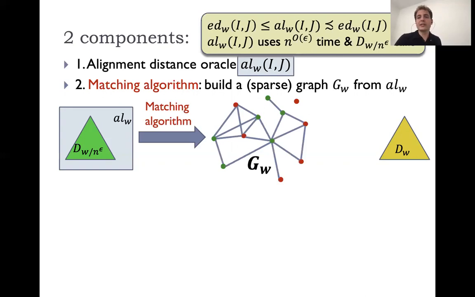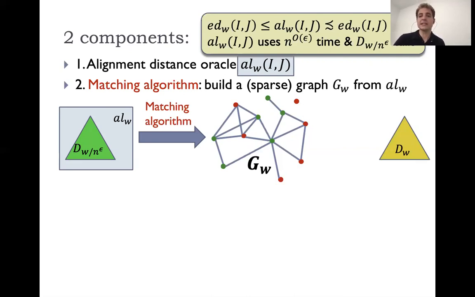We would like to build a graph G_W, and the vertices of the graph will be all the intervals. So we have 2n vertices for the graph G_W, all the x and all the y intervals. This will be a sparse graph because we can only afford near linear time, and it will be a sparse representation for this AL_W metric.